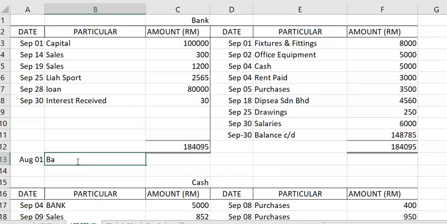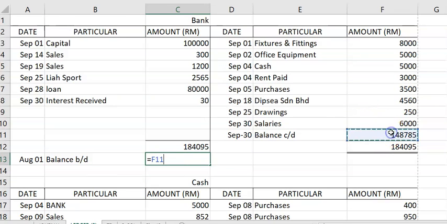So you write balance brought down, BD, and the amount is the same as the closing balance of the last month at the end of it, on 30th September. So this is how you complete the ledger records by calculating the ending balance and showing the opening balance for the next month.